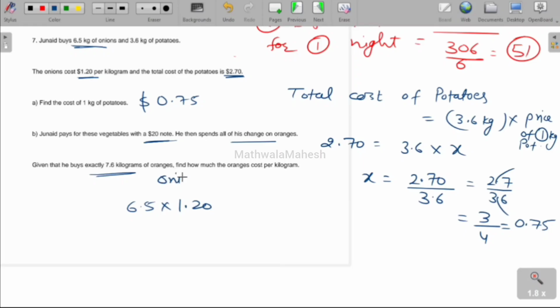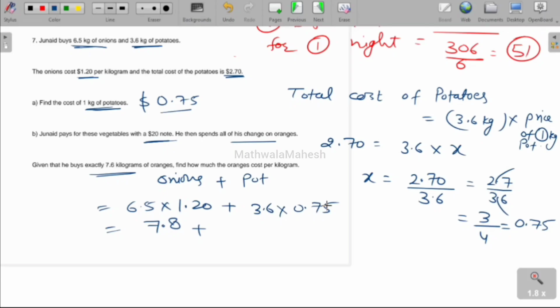This one is for onions, plus potatoes, and 3.6 kg of potatoes into 1 kg of potato cost is 0.75, and the total answer is 6.5 into 1.2. 6.5 into 1.2 is 7.8, plus you can do the multiplication by yourself.